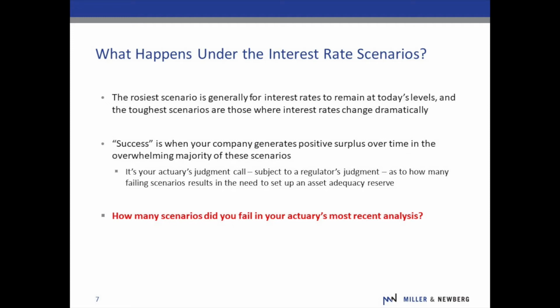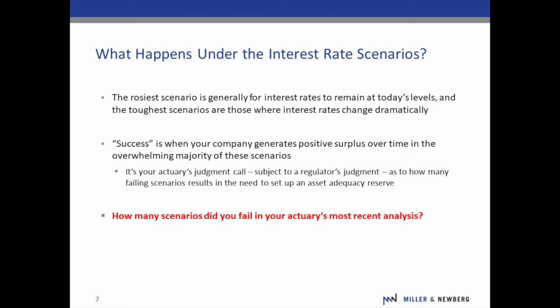So let's suppose your actuary has not told you that you're failing any scenarios. Well, that doesn't mean you didn't fail some scenarios. So take a look at what's in red here. This is your homework. All right, go back to the most recent annual report written by your actuary, the most recent annual asset adequacy analysis, and take a look. How many scenarios did you fail?